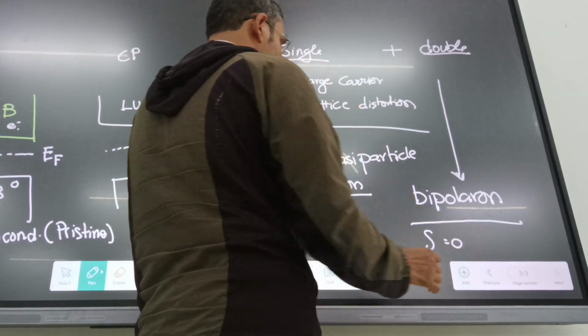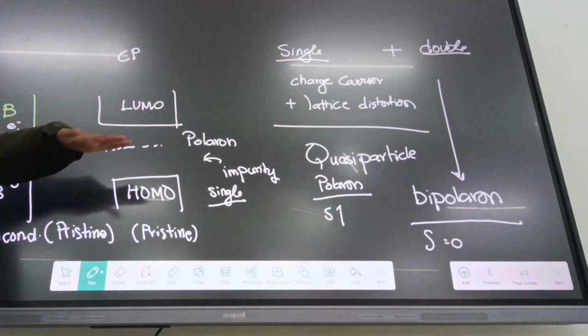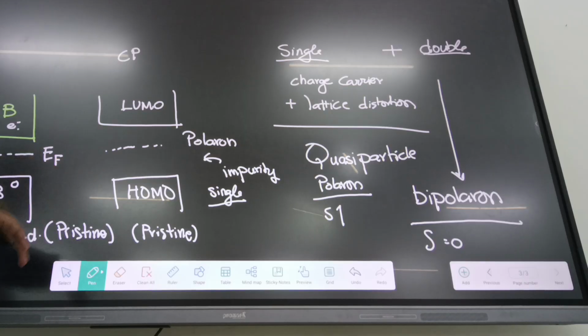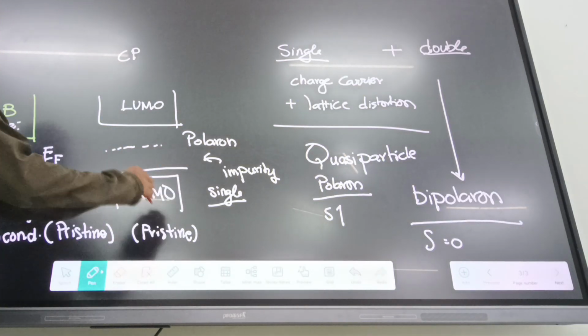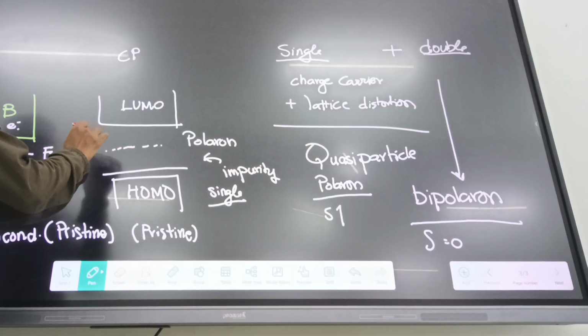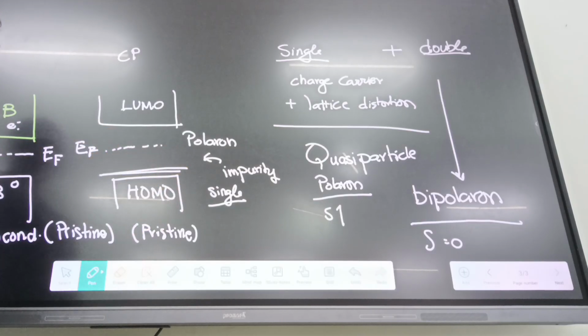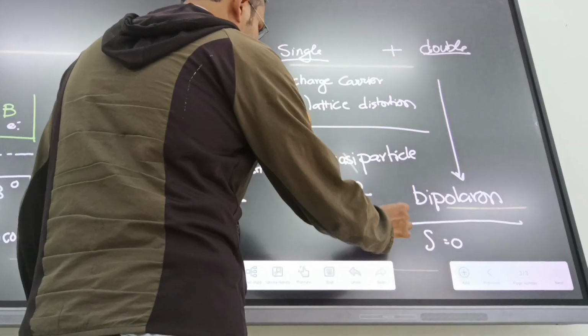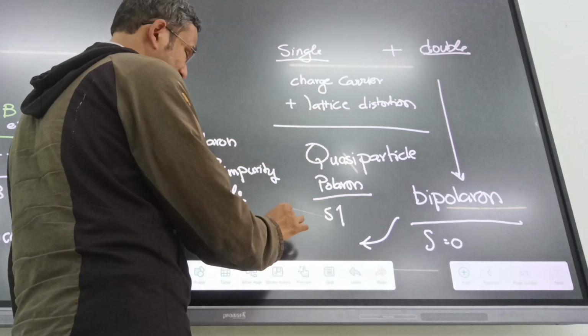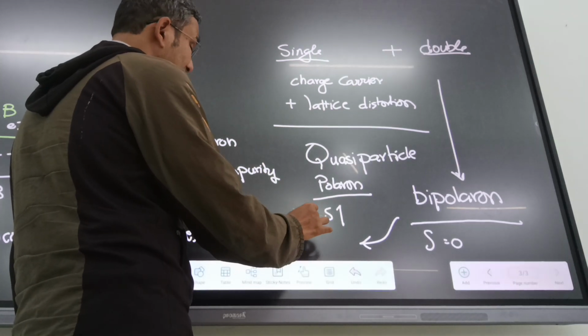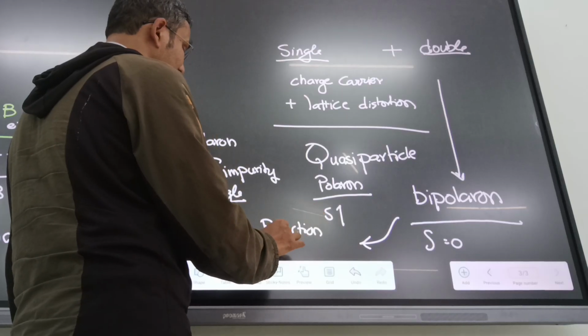Now there is no spin in it. Another thing is that the bipolaron state goes below the Fermi level. It goes much below the Fermi level, or you can say that it actually leads to a reduction in the gap.